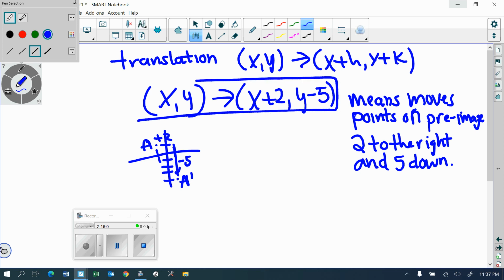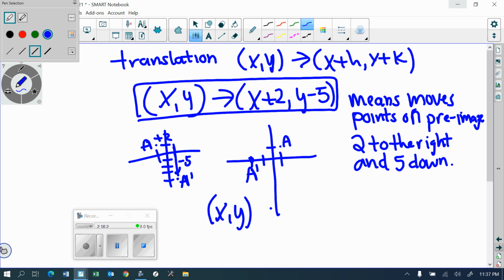So if it says to write a translation rule, that means they would give you the pre-image. So here's an example of that. A, and then they give me this one right here and call it A prime. They say write a translation rule. So it's x comma y, the original point. What happened to it? How did I get from A to A prime?